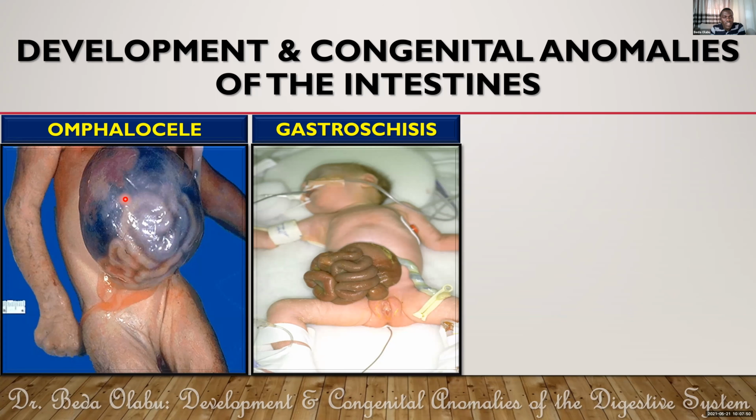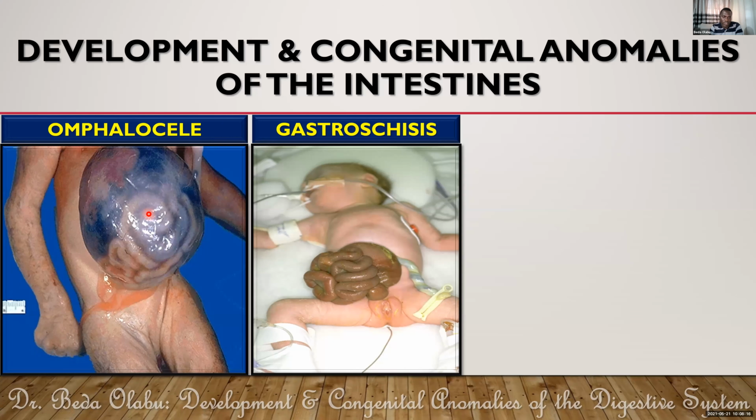These ones are within a hernia sac. These ones are not covered by a membrane. Another difference is that gastroschisis is paramedian. Usually it is to the right of the abdomen, while omphalocele is an umbilical defect. It is through the umbilicus.